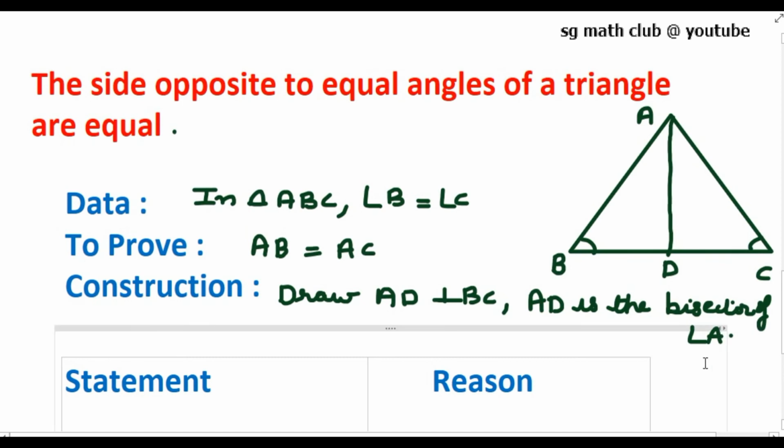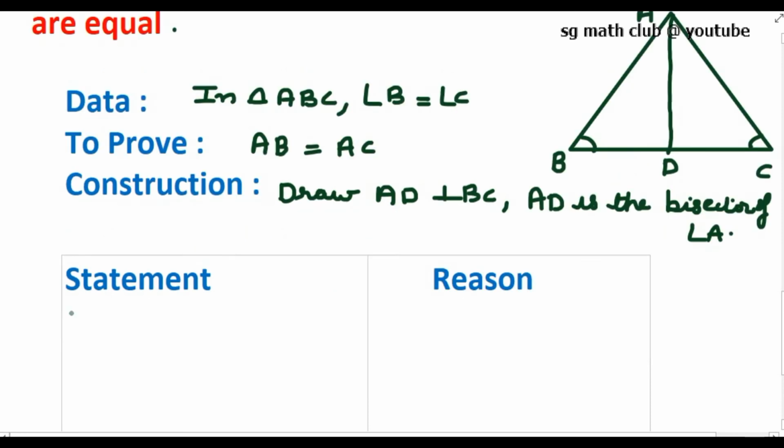Now we can use ASA congruence rule as well as AAS congruence rule to prove this theorem. So here also we are going to consider triangle ABD and triangle ACD.